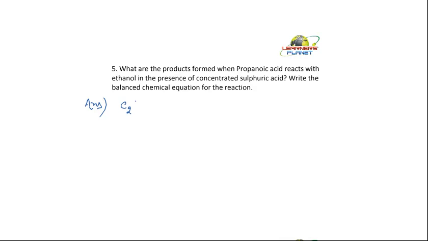So it should be C2H5COOH. This is reacting with ethanol, that is HOC2H5, in the presence of a few drops, remember it is a few drops of concentrated sulfuric acid.